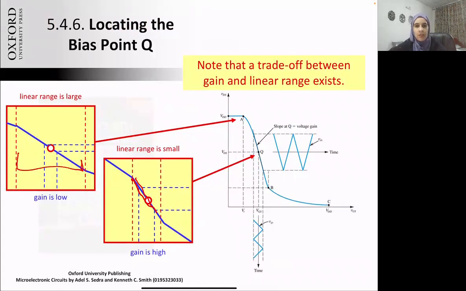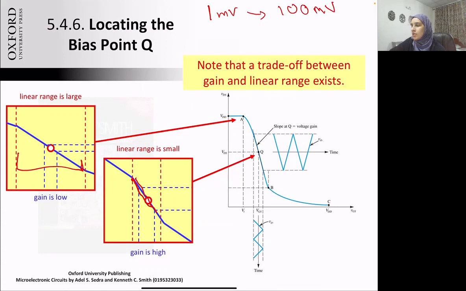If we just take an example, if my input signal is 1 millivolt and my gain is 100, I will have an output that is 100 millivolt.